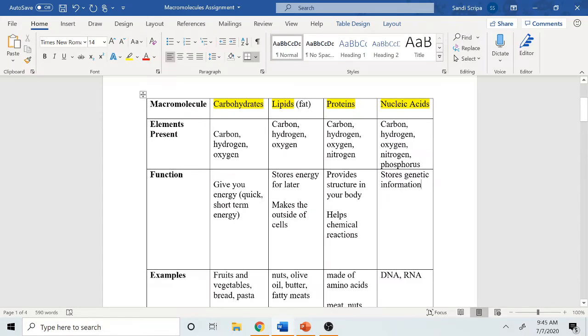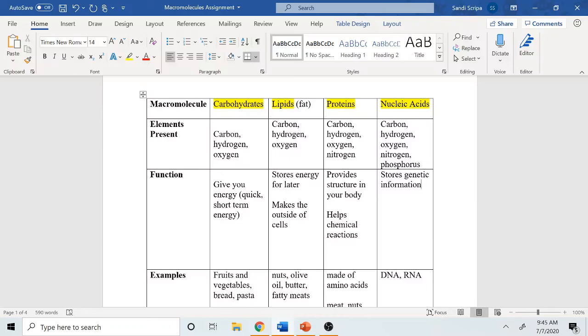And when we say that it's storing genetic information, what we really mean is it stores all the information of what makes you, you. And you can think about this in any living thing, right? Plants also have DNA. But in your DNA in your body, it has information about what your eye color is, what your hair is like, how tall you are, if you're more or less likely to get certain diseases. Those are all things that are in your DNA.